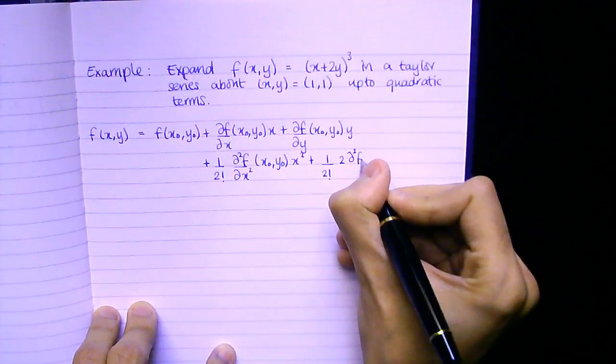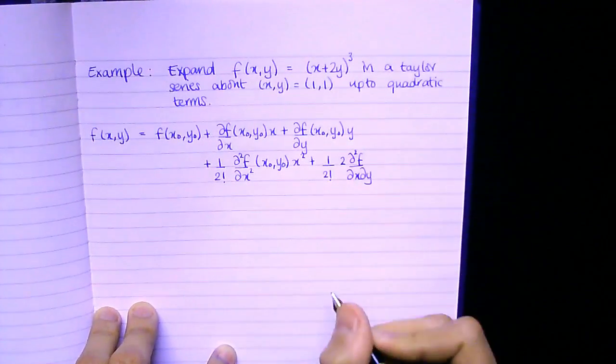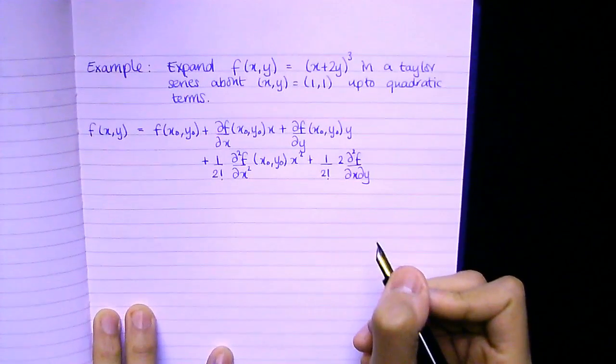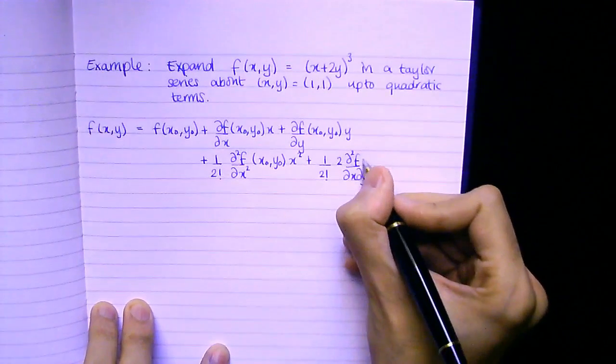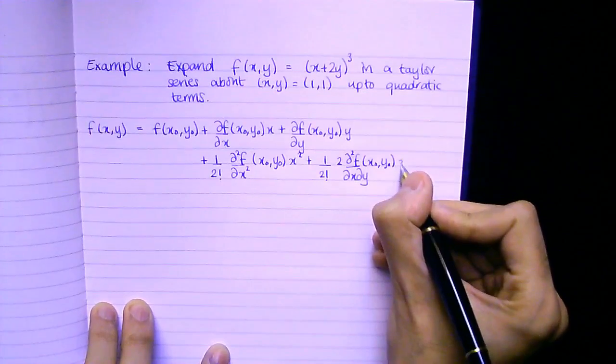And this is the second differential of x and y. Okay, I pick up 2 of those. So this 2 will actually cancel with this one. This is also evaluated at x0, y0. And this is multiplied by xy.